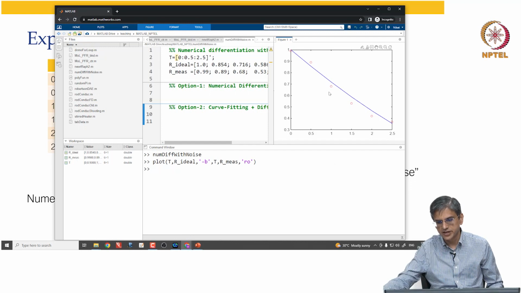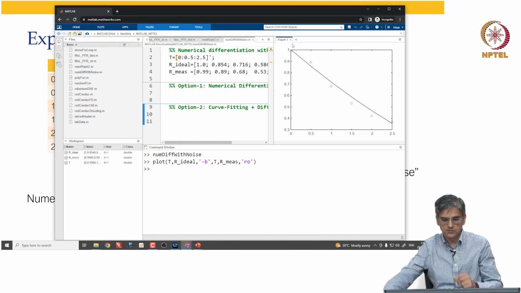And this is the plot that you get. This is the experimental data, and this is the ideal data if there were no measurement problems in the experiment.